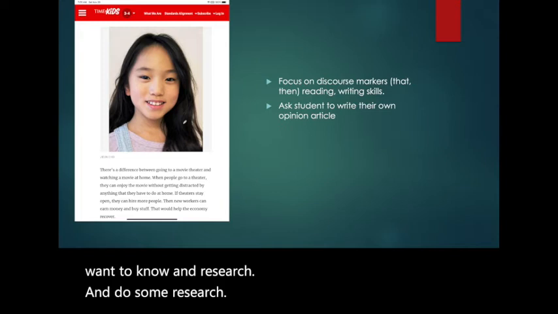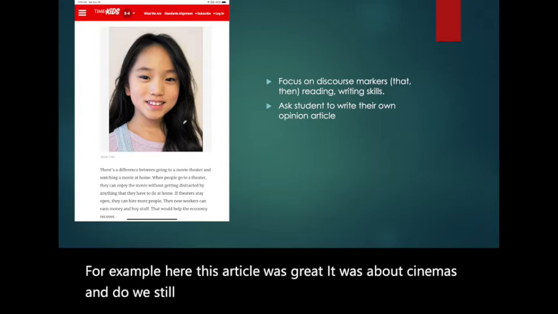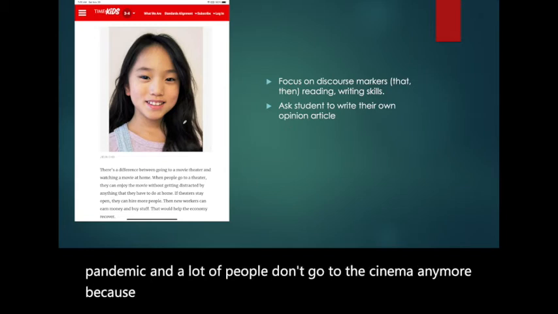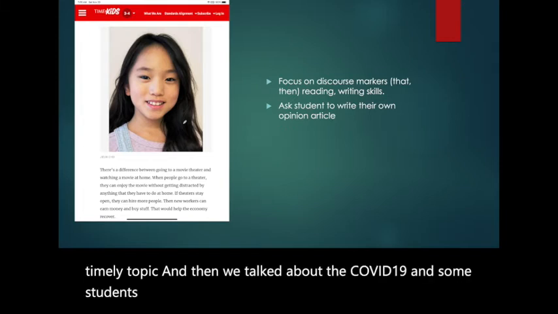For example, this article was great. It was about cinemas and whether we still need movie theaters now that there is a pandemic and a lot of people don't go to the cinema anymore because of the coronavirus. So it was a very relevant, very timely topic. And then we talked about COVID-19 and some students said they would rather stay at home.